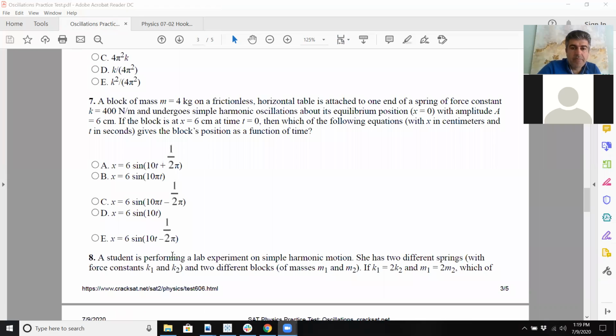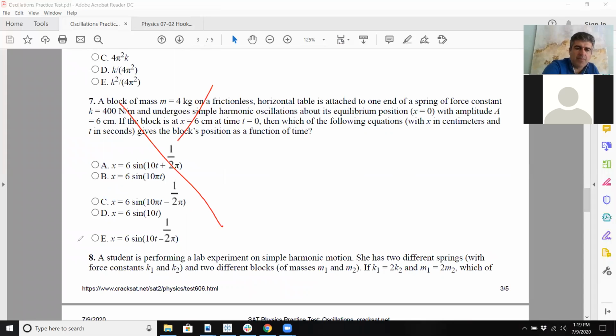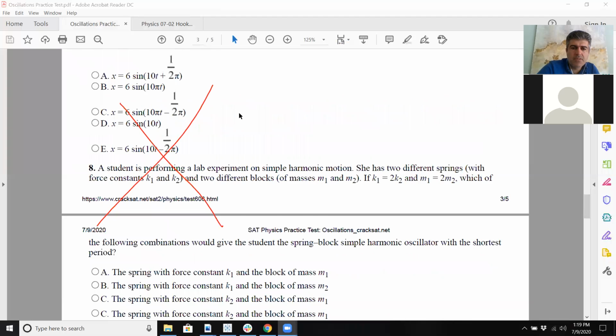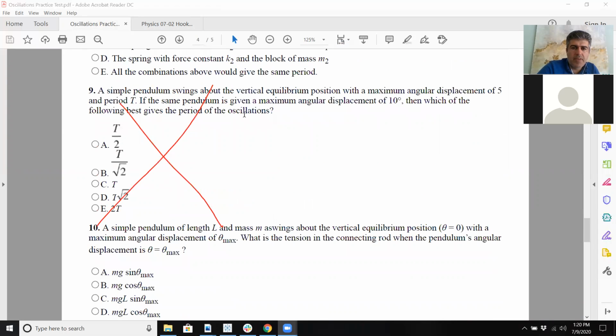Seven. A block of mass M, 4 kilograms, on a frictionless horizontal table is attached to one end of a spring of force constant K, and it undergoes simple harmonic oscillation about equilibrium position x equals 0 with amplitude A equals 6 centimeters. I'm not going to ask that. Let's cross that one off. We haven't done that. Then let's take a look at 9.